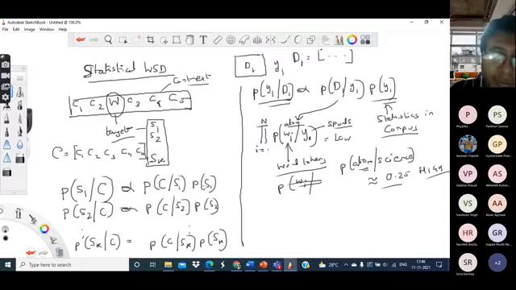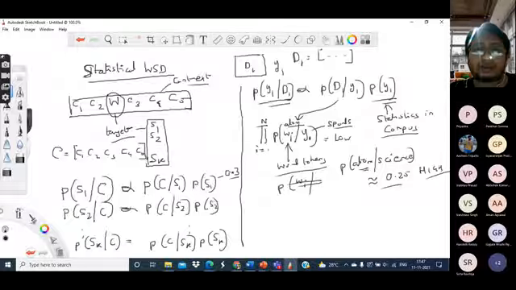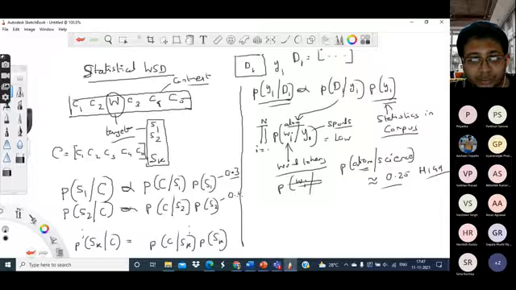On the basis of that, we can calculate these P of S1, P of S2, etc. It's like saying that whenever this word W is used, maybe 30% of the times it is used in the sense S1, so I will write this probability as 0.3. And say 48% of the time it is used in the sense S2, so I'll write this probability as 0.48. So this way, these things I can evaluate.